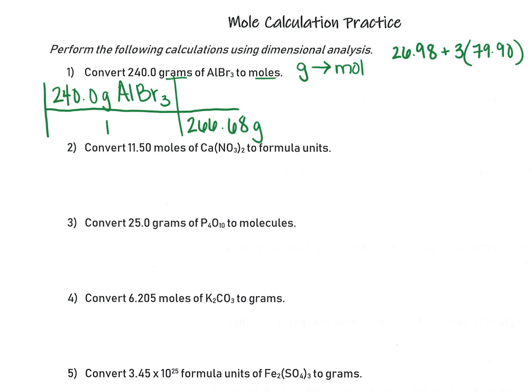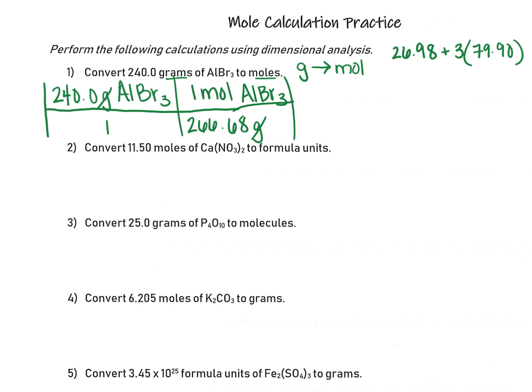Okay, grams have to go on the bottom to cancel. The other way you can think about it is if you're using mole island, if you divide by molar mass, does it have to go in the top row or the bottom row? Bottom. Okay. All right, and that 266.68 grams is in 1 mole of aluminum bromide. So grams cancel. You're left in moles, and does that match the unit you need your answer in?